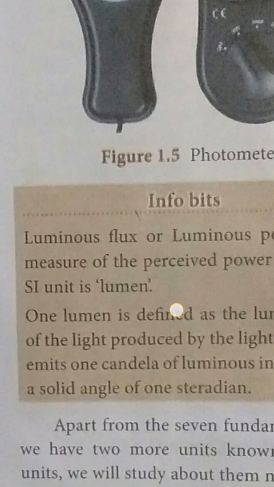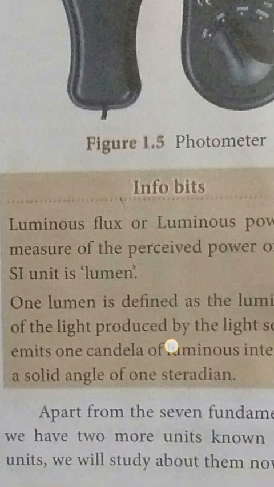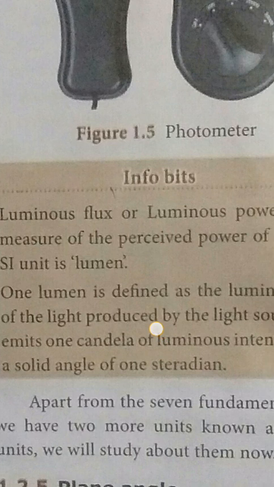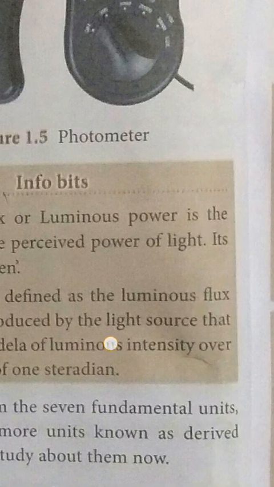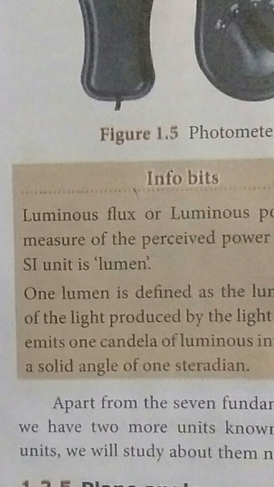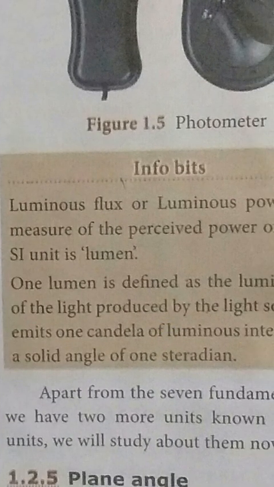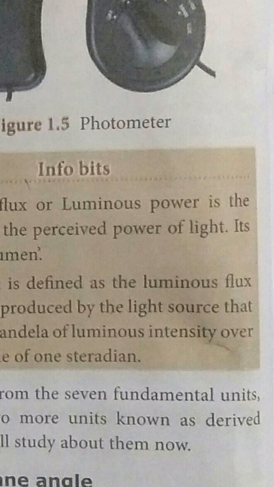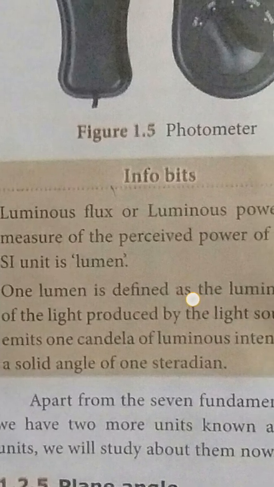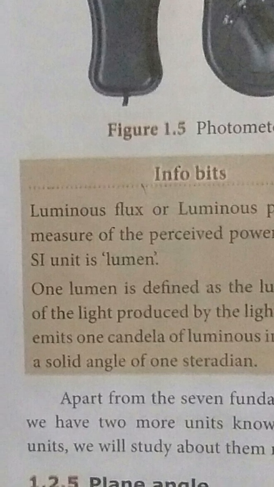Then the last question, define 1 lumen. 1 lumen is defined as the luminous flux of the light produced by the light source that emits 1 candela of luminous intensity over a solid angle of 1 steradian. These 4 lines you have to write.